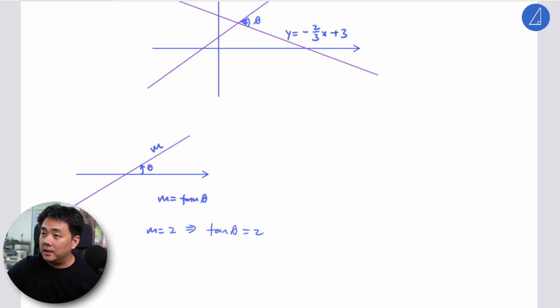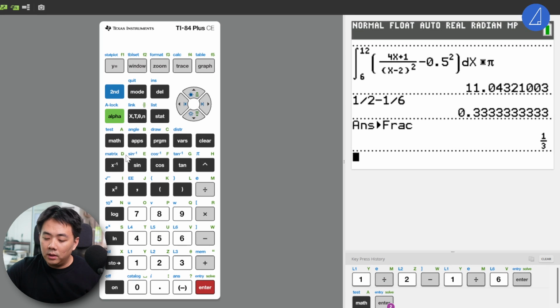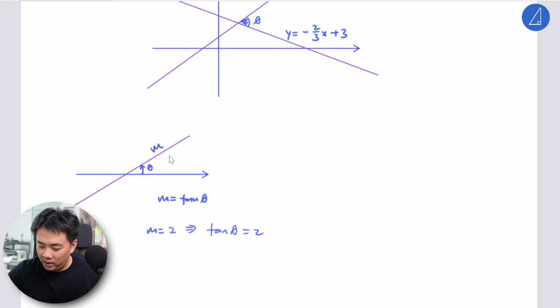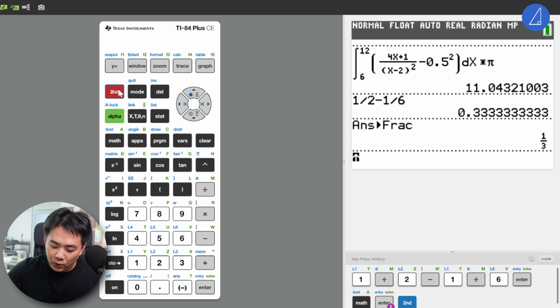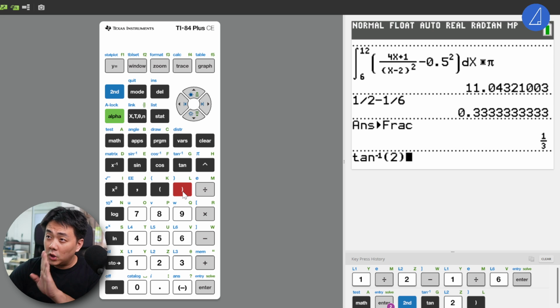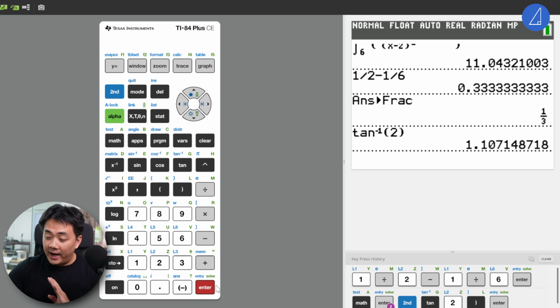Okay, so if you use a GC, obviously your GC is in radians lah, remember that. Please don't change your GC to degree. Please don't do it, okay? I've seen enough tragedy. I know some teachers will say change to degree, then change back to radian. But I've seen enough tragedy to conclude that it's a bad idea.